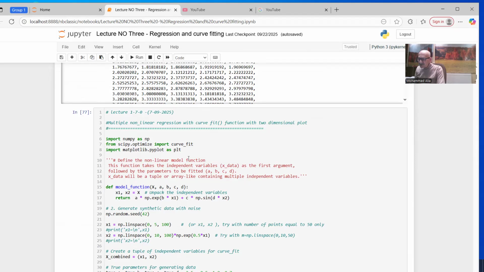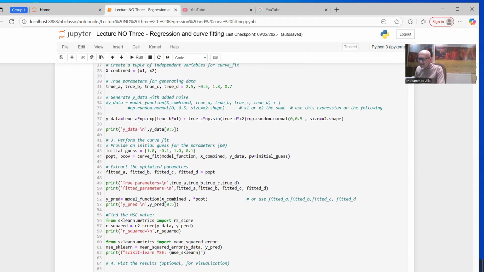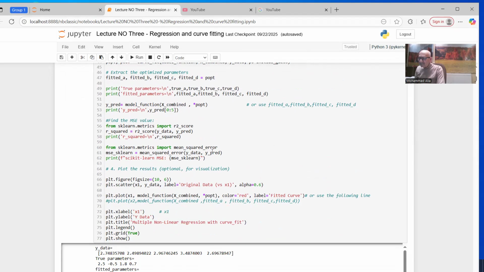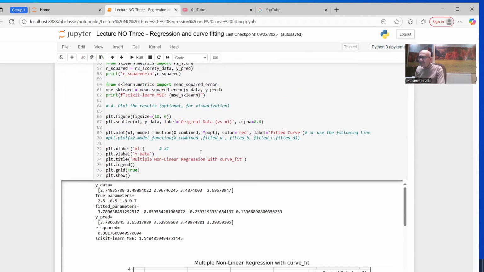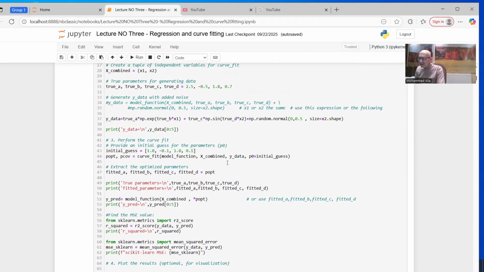In the previous lecture, you remember, we worked with the Python curve-fit function, and we solved several examples.